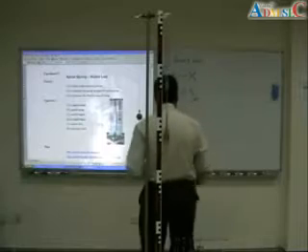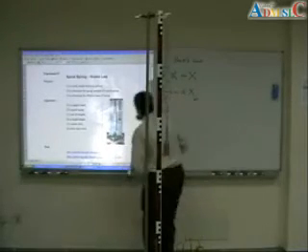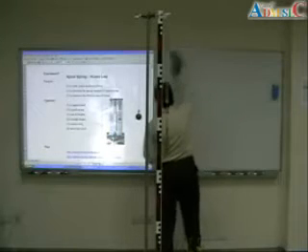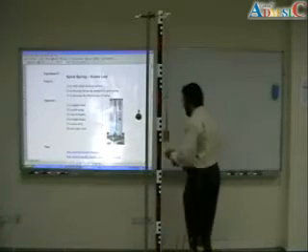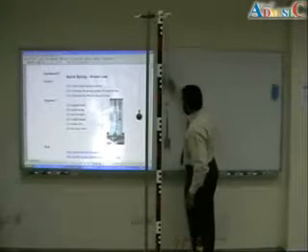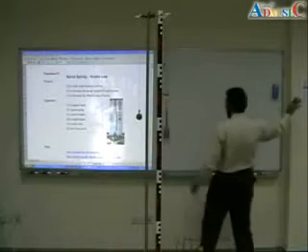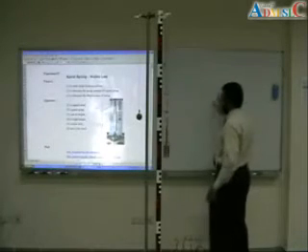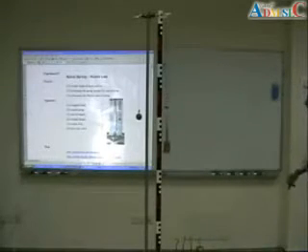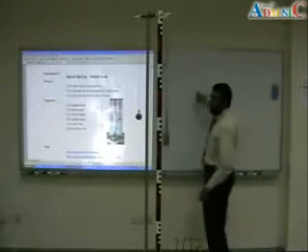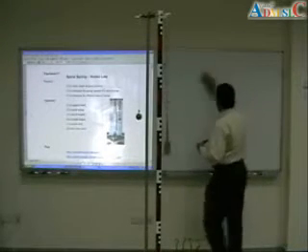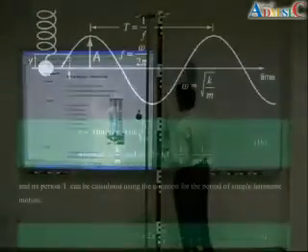So I will get a motion like this, and this is actually a sine wave or cosine wave. That's why simple harmonic motion produces sine wave motion.